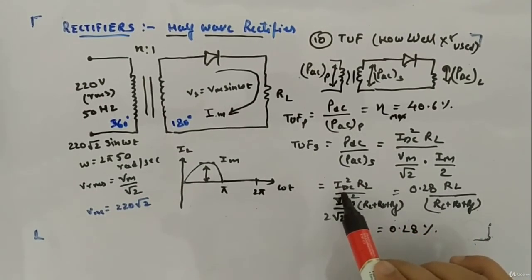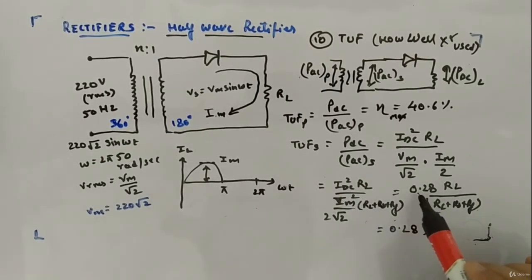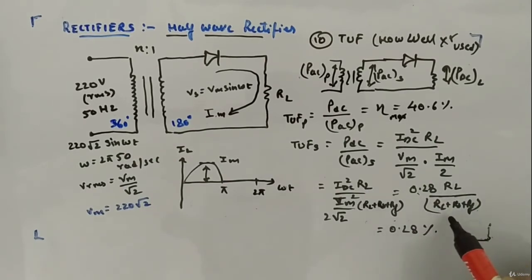Now you put the value of IDC as Im divided by pi, and you will get the value 0.28 into RL divided by RS plus RF plus RL. And if you consider RL is very much greater than the sum of these two, then this will cancel and you will get 0.28, or you can say 28%.